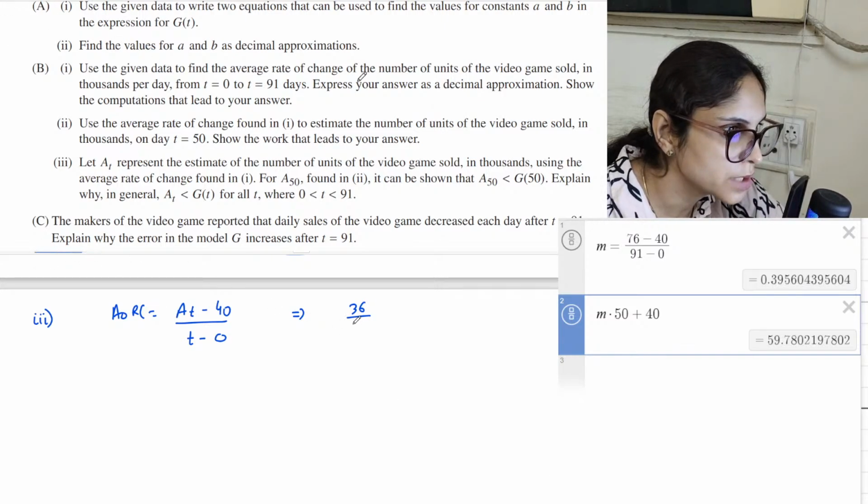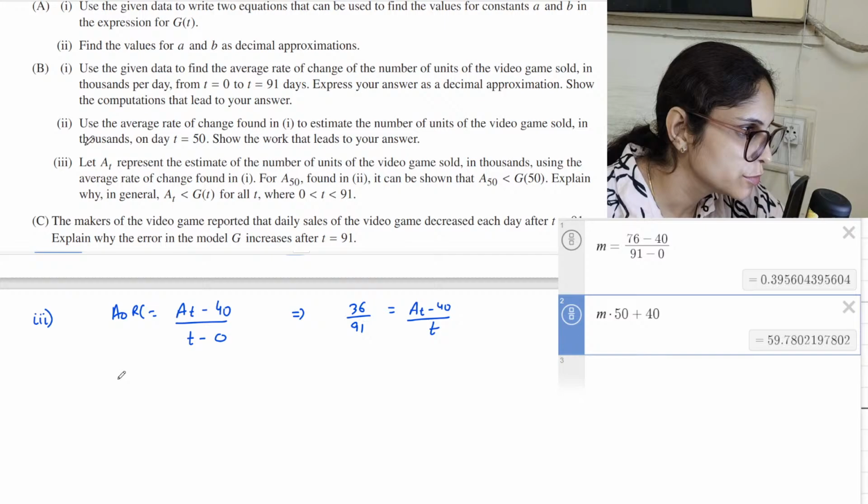So 36 over 91 is equal to A(T) minus 40 over T. From here, 36 over 91 T is equal to A(T) minus 40.